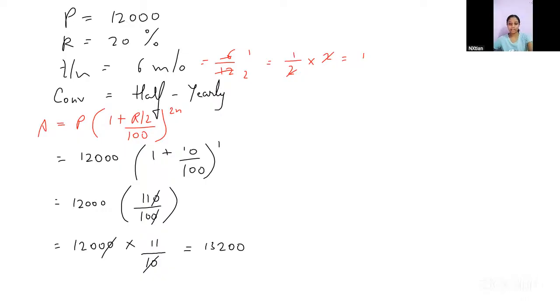Then I'll give you half of 9.6 tomorrow because there's one more topic from 9.6 that I have to teach you: when the difference between SI and CI is given and you have to find the principal, how to do that. That I will teach you tomorrow. After that, your ninth chapter will be over. Friday, I can keep your doubt class.